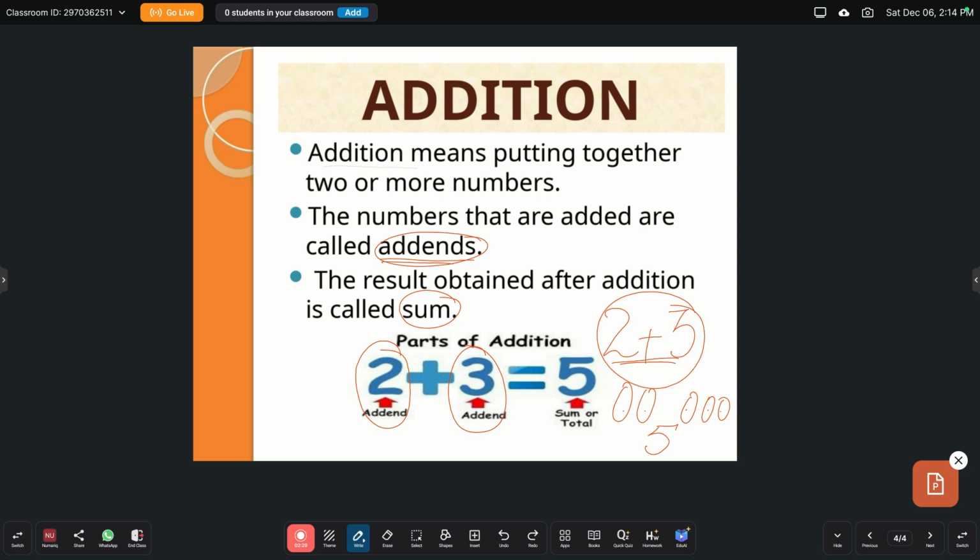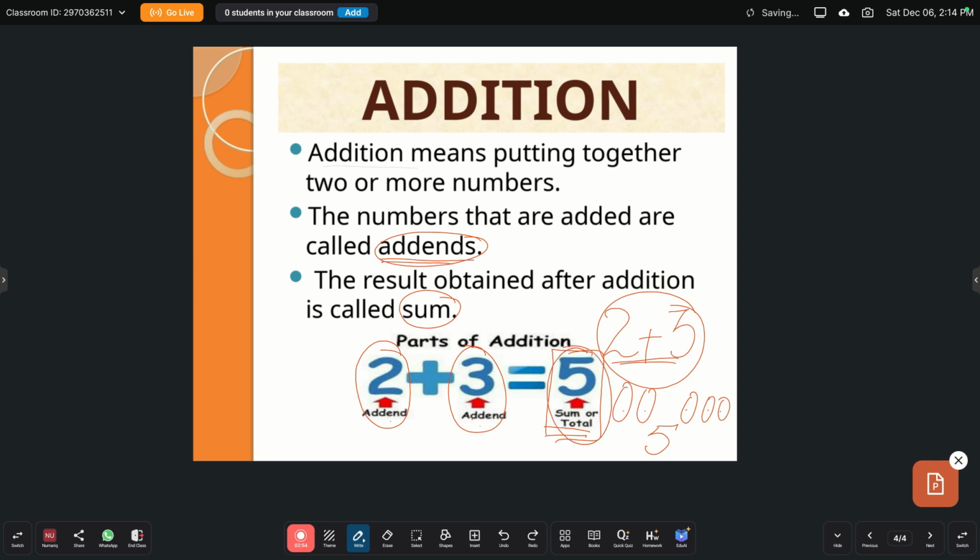So these numbers that we add are called addends. Then when we add these two numbers we get a result, likewise here I got 5. The result or the answer that you get after adding two numbers is known as sum.